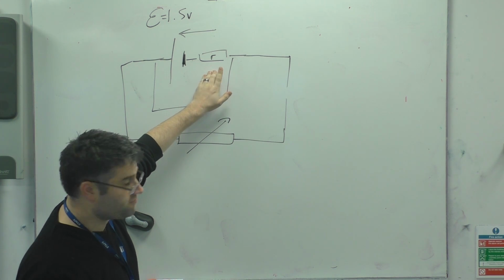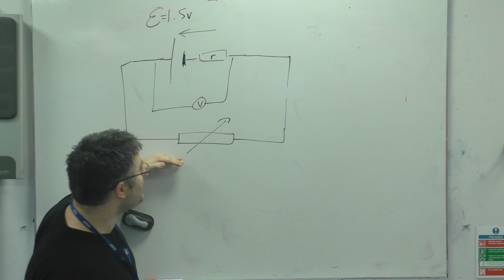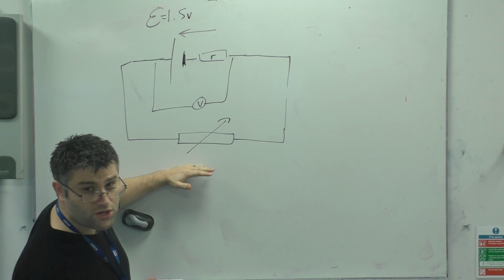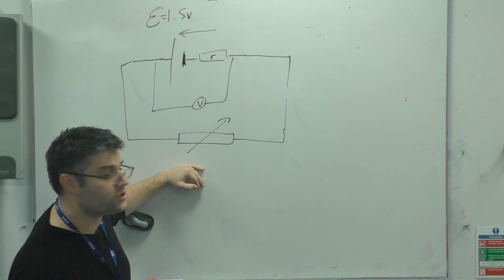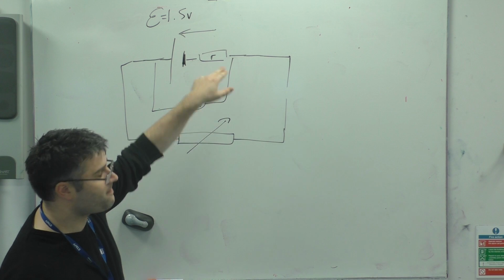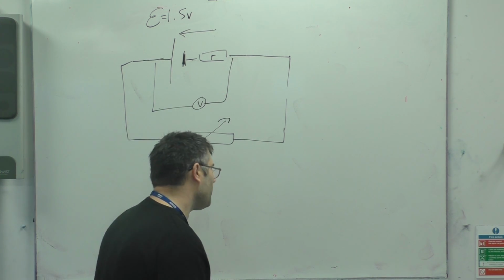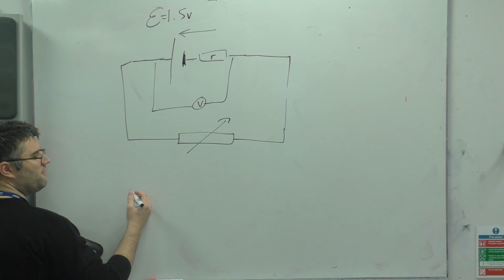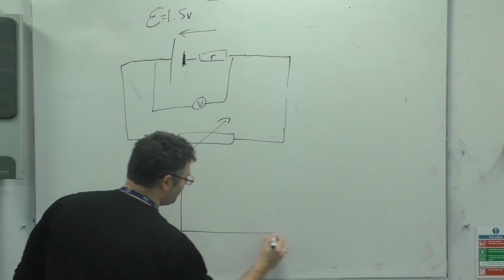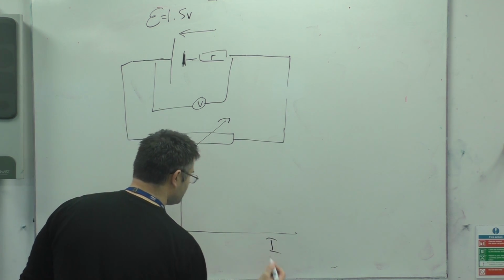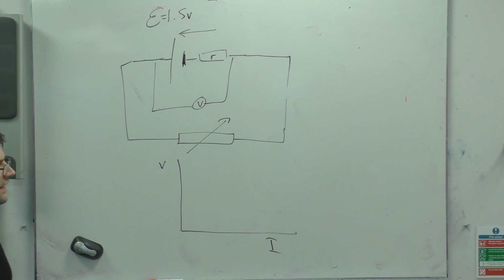So what will be observed is, as I change the resistance of this, the PD across this will also change, because I've got another resistor in the circuit. So what we've got here is a situation where we have a look at a graph that we might obtain. Now this time, strangely enough, we actually do a V against I graph.